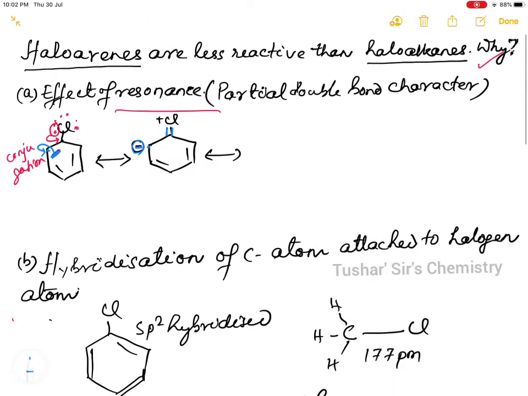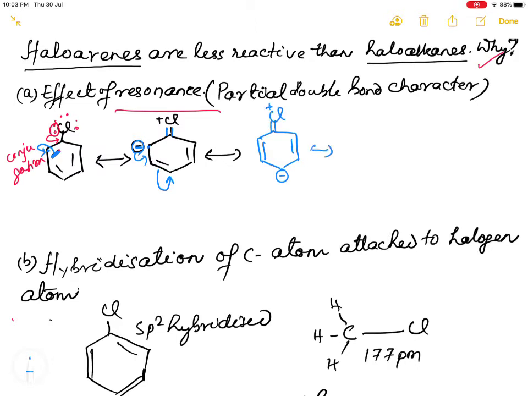Next, this negative charge will form a bond, and this double bond will be shifted. So you will get the next resonating structure like this. This double bond is shifted, so you will get a negative charge over here. This double bond is not disturbed. Double bond, Cl plus. You can draw the next resonating structures.